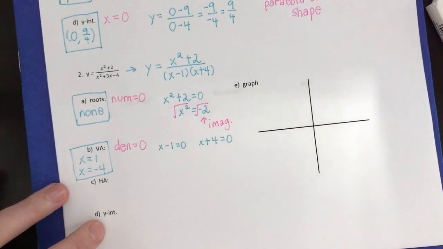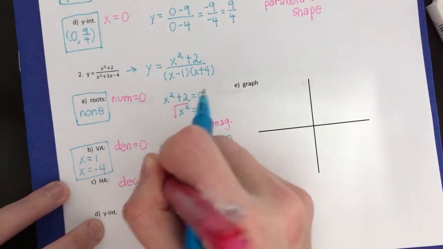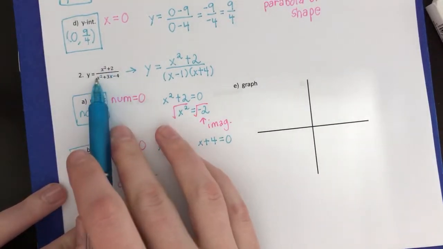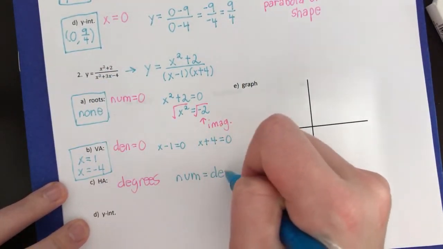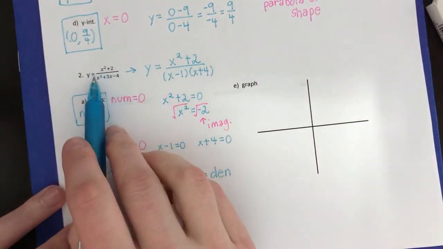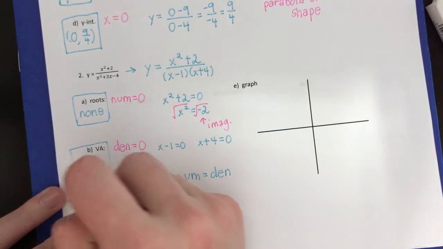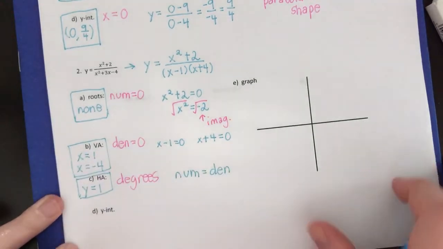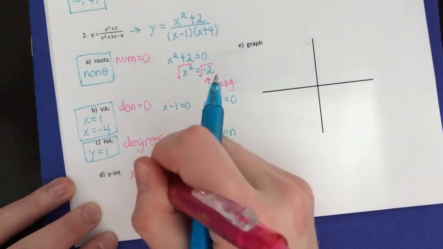Okay, HA, looking at our degrees. So the degrees match again. Numerator equals denominator. So leading coefficients, so 1 divided by 1, which would be 1. And then y-intercept, x equals 0.